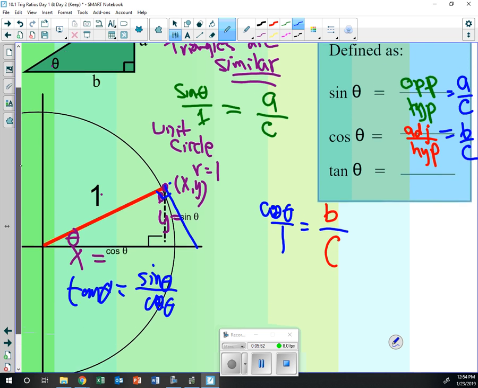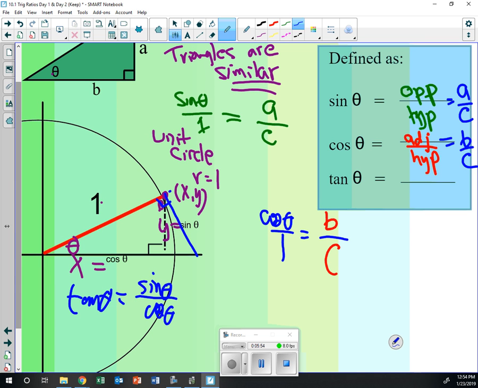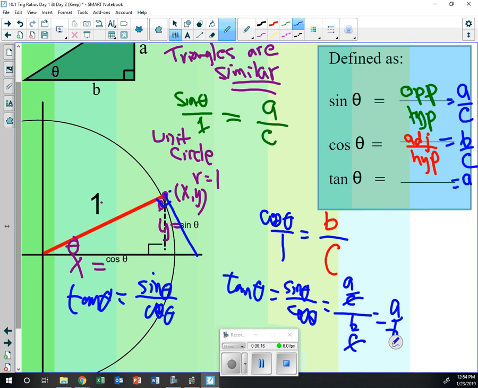So the sine of theta, which was a over c, and the cosine of theta was b over c. What's going to cancel out? The c's. And so that'll leave you with a over b.